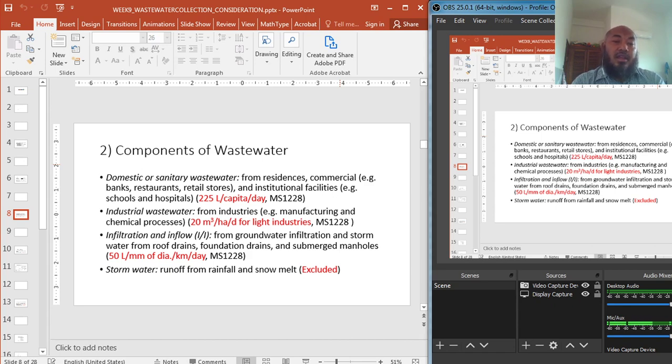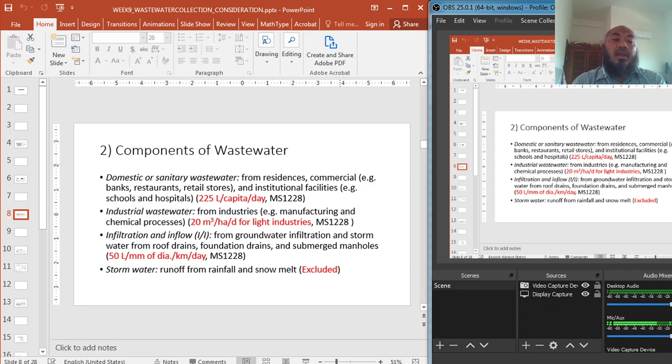Usually in Malaysia, around 50 liters per millimeter of pipe diameter per kilometer per day is allocated. This is the amount of wastewater considered as infiltration and inflow.